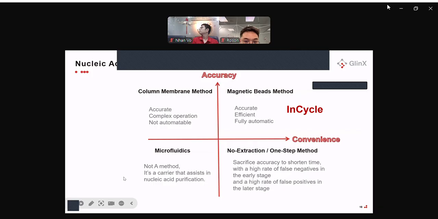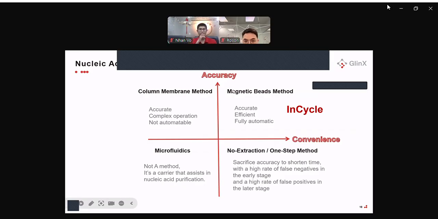So within this picture, we compare the different methods from the accuracy perspective and the convenience perspective. You can see the magnetic beads method of the Incycle machine, and there are also a lot of brands in the market using the magnetic beads method. Both the accuracy and the convenience are the highest.